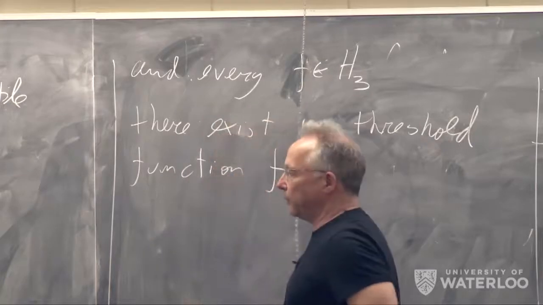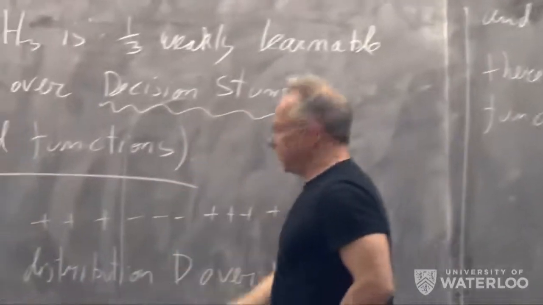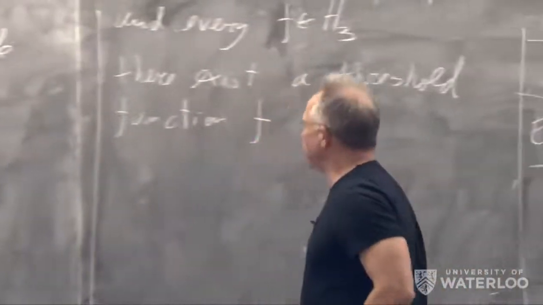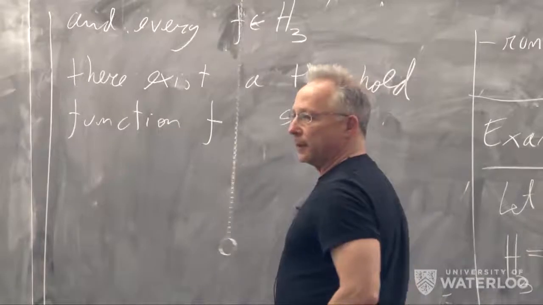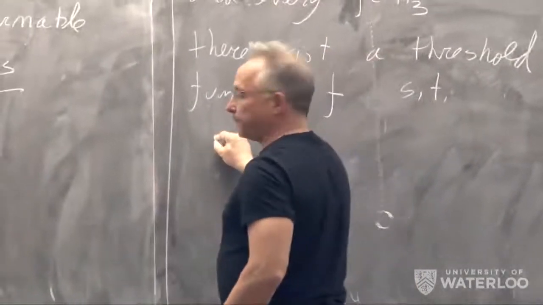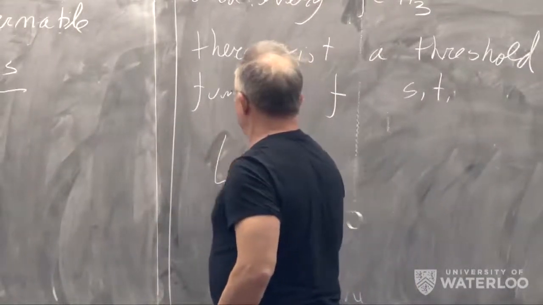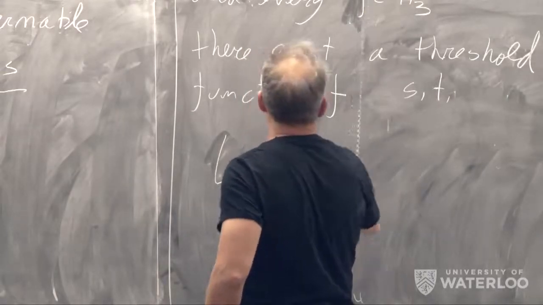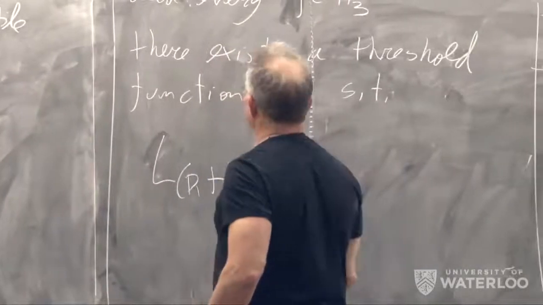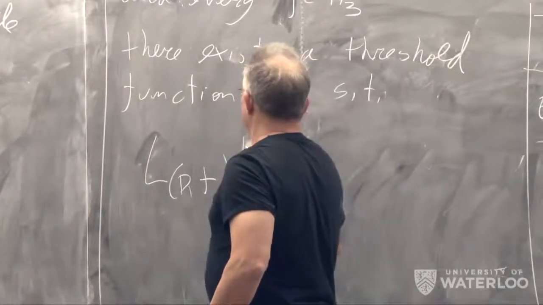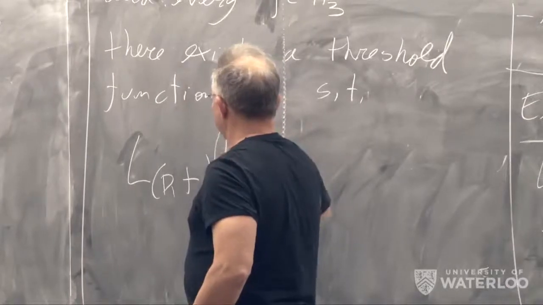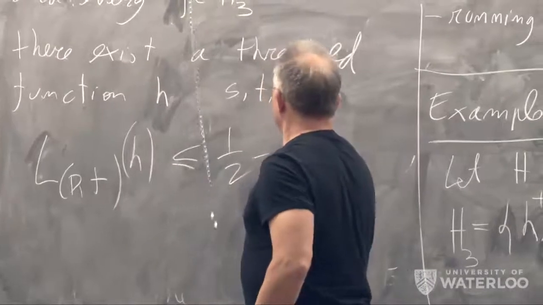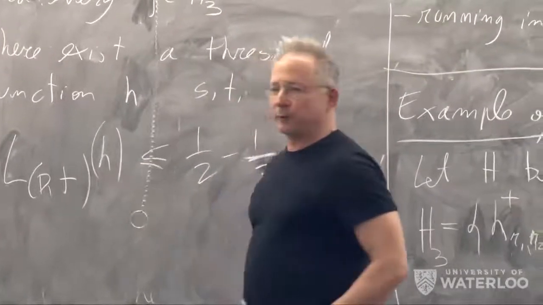I pass a line, it's going to be plus on one side, minus on the other side. Just a threshold function, which should get a different name, H, such that the error with respect to D and F is at most half minus a third, which is 1 over 6.